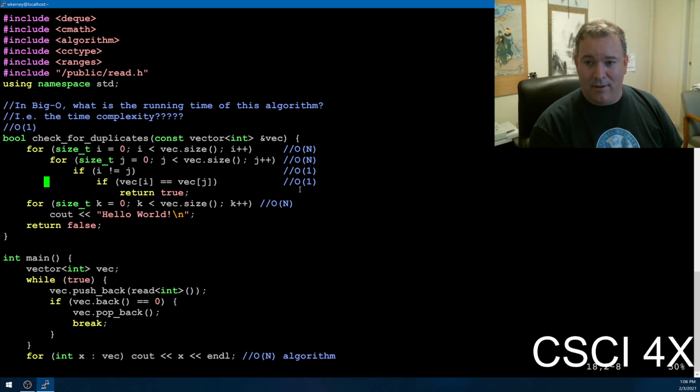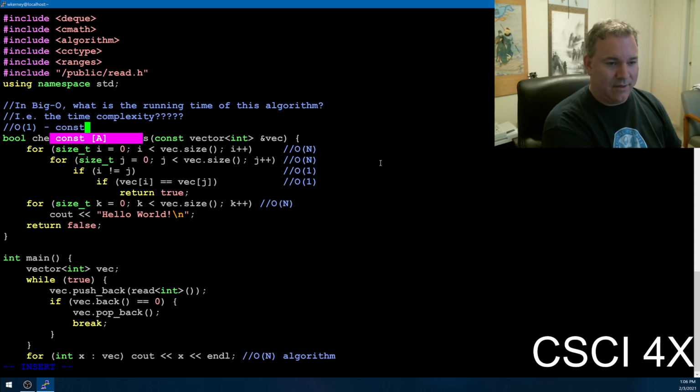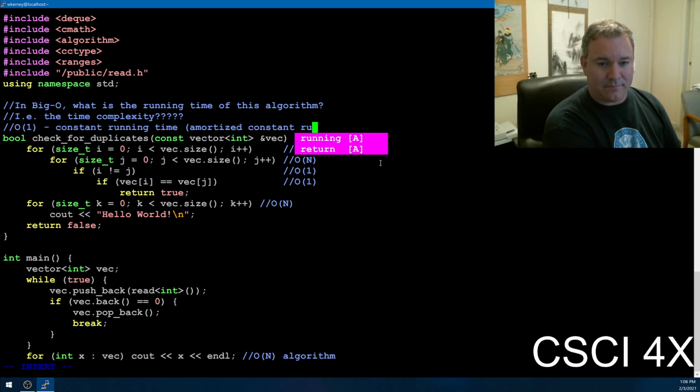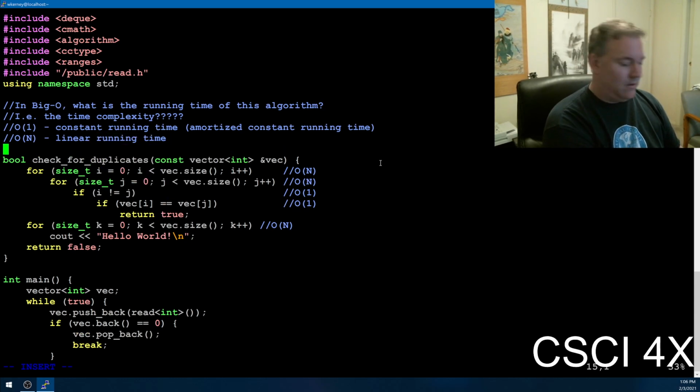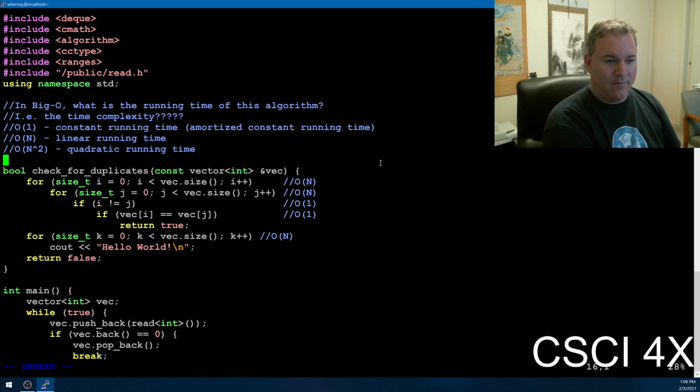Or we write it in English, like what we saw on CPP reference, constant running time, or sometimes amortized constant running time. It's a little bit different. Order n is called linear running time. Order n squared is quadratic running time. And then you've got bad ones. The bad ones look the same as the good ones, right?